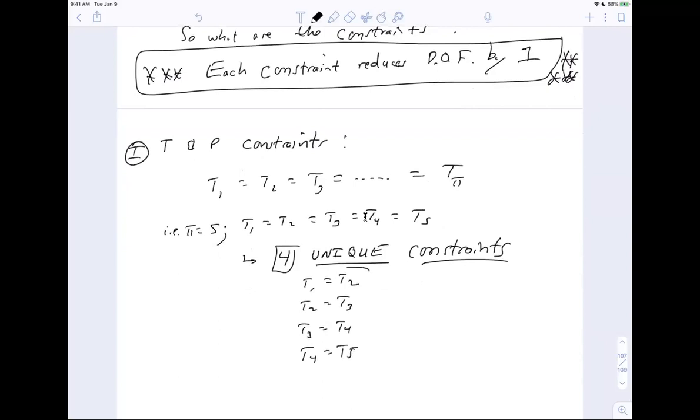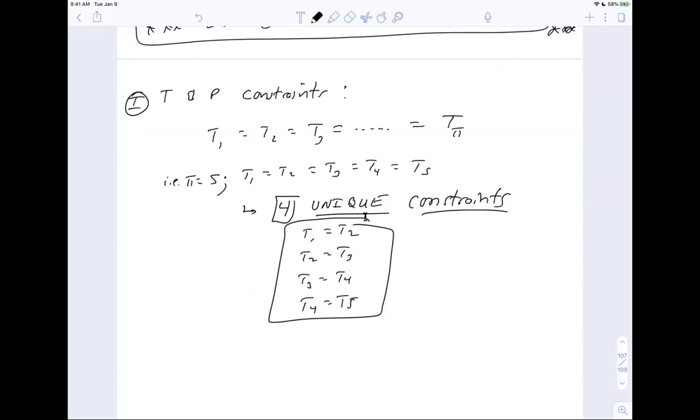These are the 4 unique constraints. But you might say, what about T1 is equal to T3? Well, we can construct that by saying T1 is equal to T2 and T2 is equal to T3, so T1 must equal T3. This is the zeroth law. So the unique constraints are that T1 is equal to T2, T2 is equal to T3, etc.